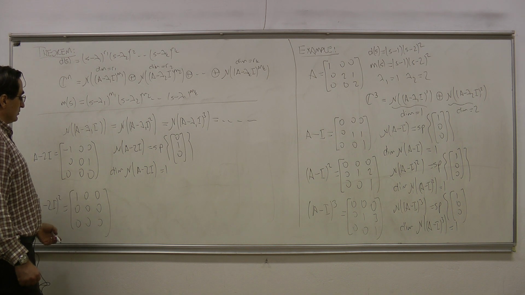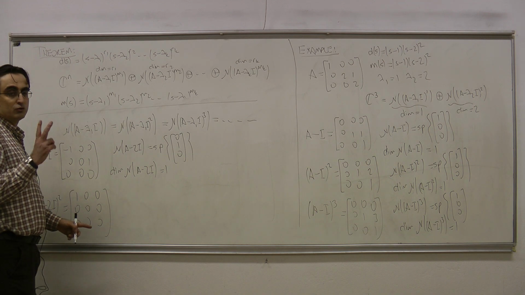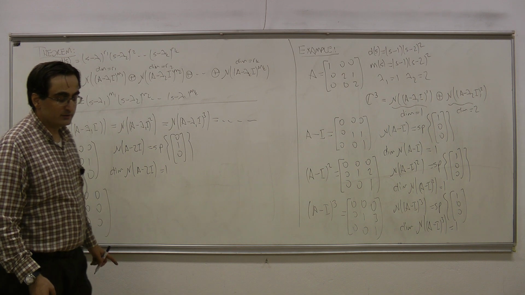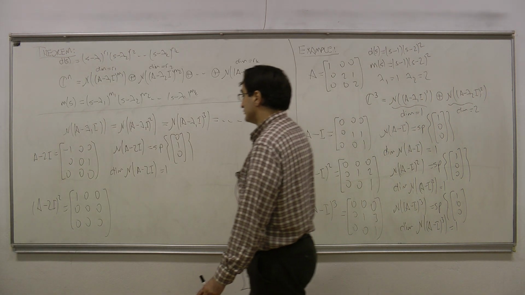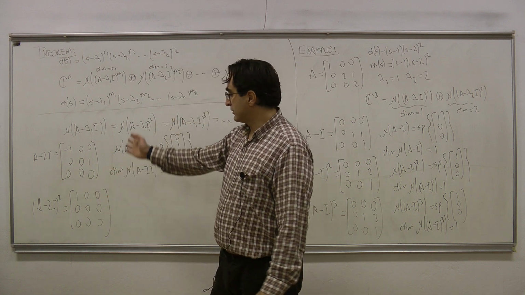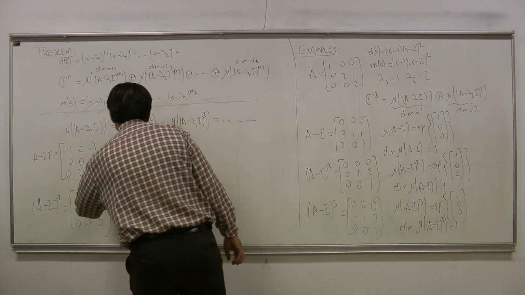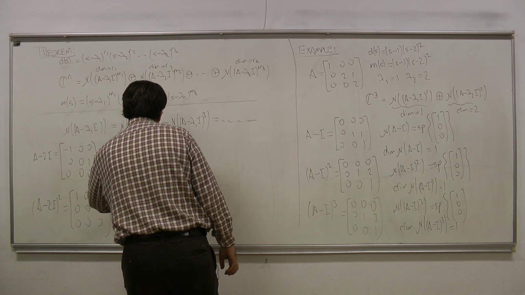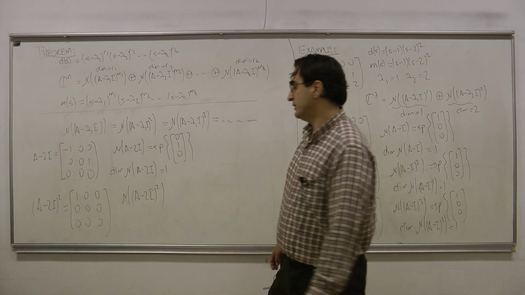And now when I look at this matrix, I see that null space dimension is going to be 2. It increased by 1. And I would say here that the rank is 1, because there is only one linearly independent column here.